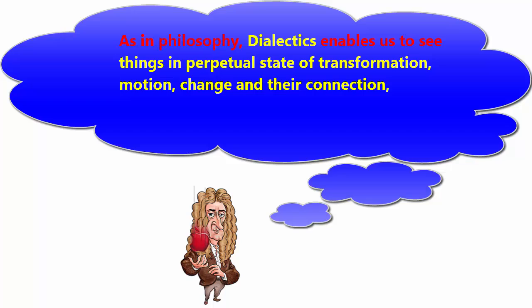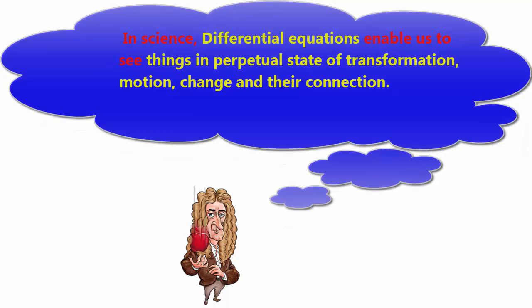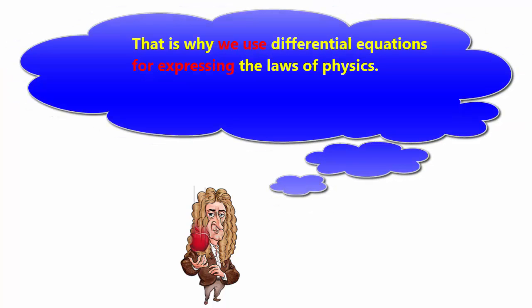As in philosophy, dialectics enables us to see things in perpetual state of transformation, motion, change and their connection, in science, differential equations enable us to see the same. That's why we use differential equations for expressing the laws of physics.